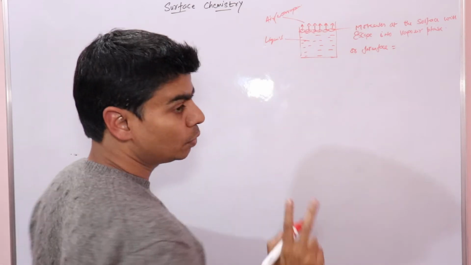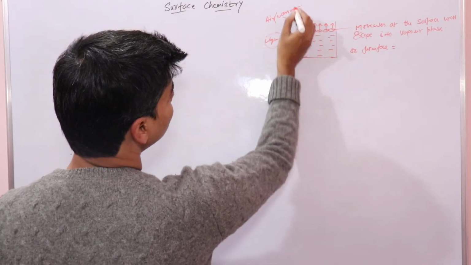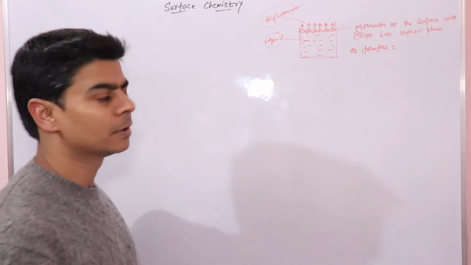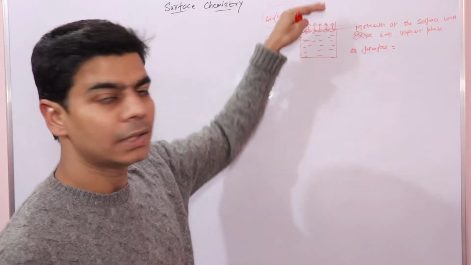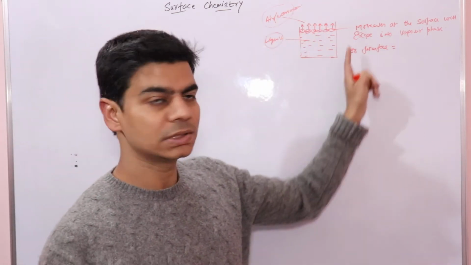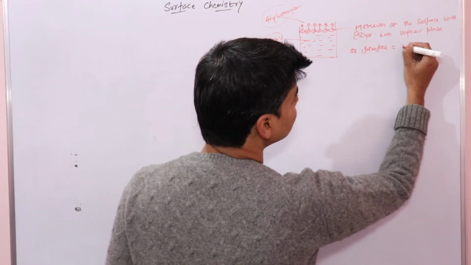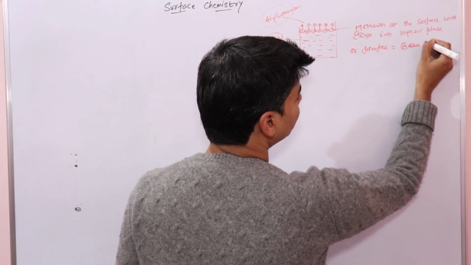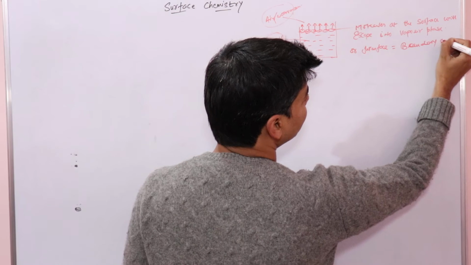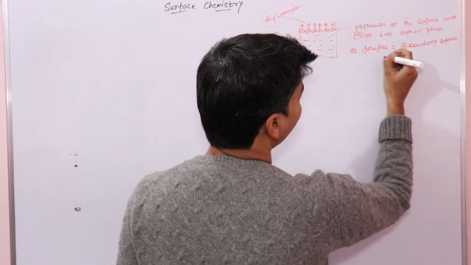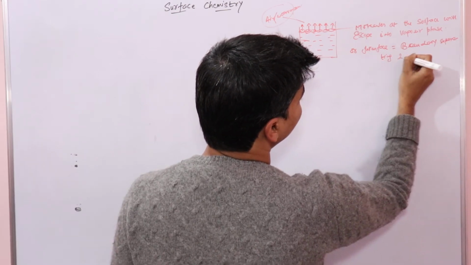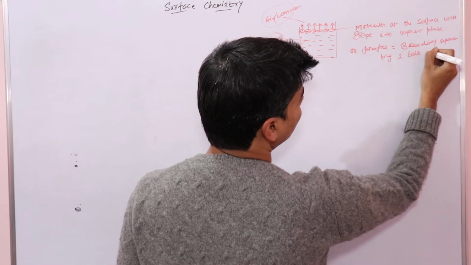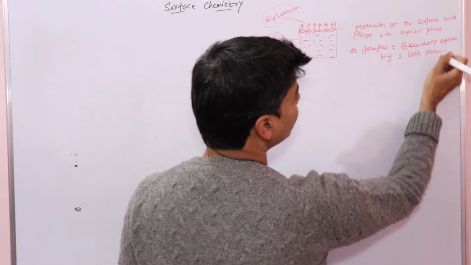So we have two bulk phases, one is liquid, the other is air or water vapor, and the boundary separating these two bulk phases is called your interface.